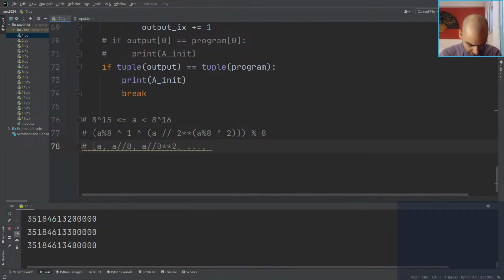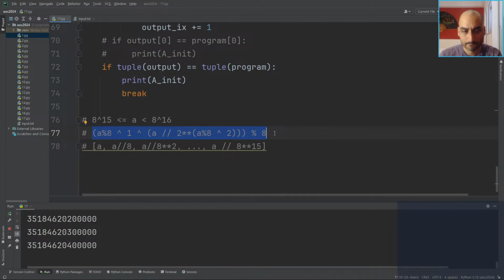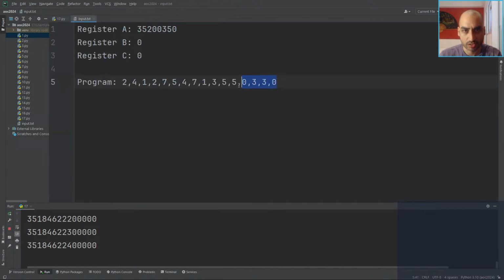And then the final value will be A divided by 8 to the 15. That's basically our values of A's. In each case, B would be that. And we want that to match these numbers.